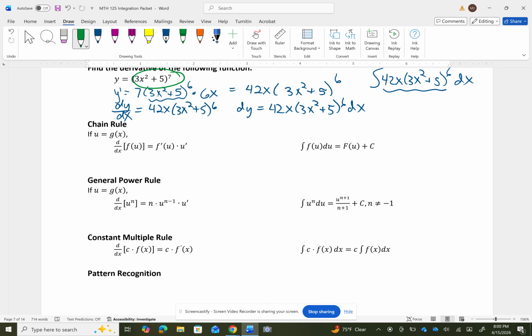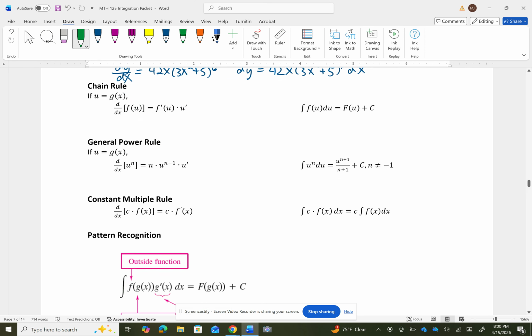We remember how with the chain rule, whenever you did the derivative, you had to remember to tack on the derivative of that inside part. That's what we're trying to reverse now. So we know doing the derivative of a power function like this, the general power rule would have been bring the exponent down, subtract 1 from the exponent, and then do the derivative of u, that was the u prime right there.